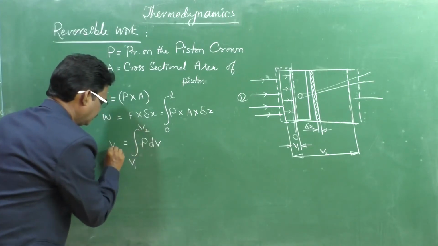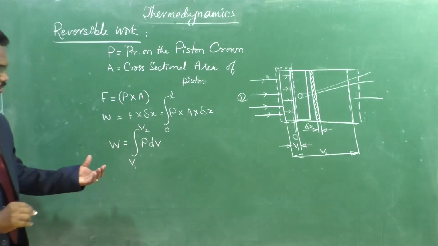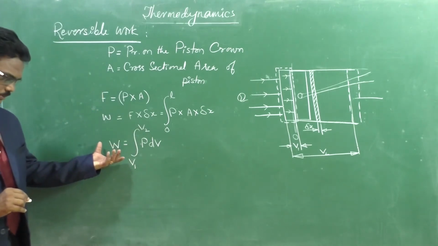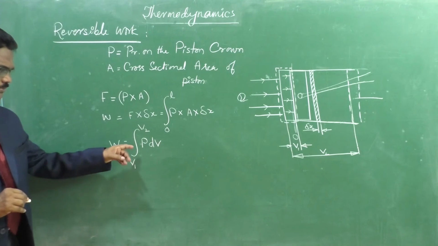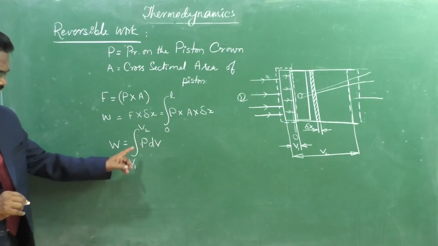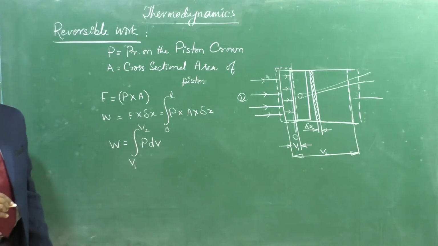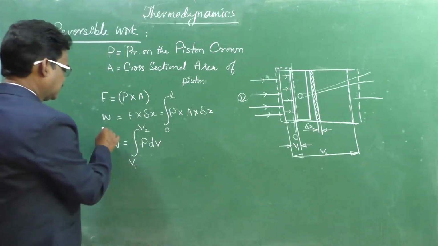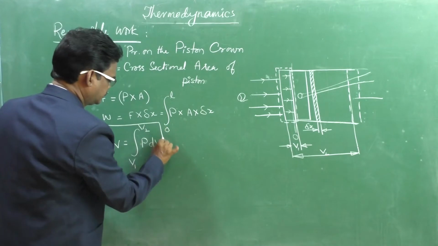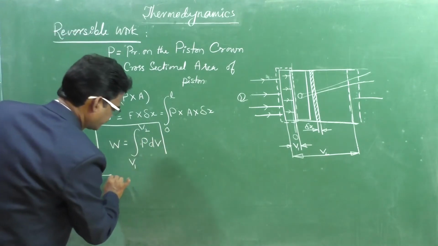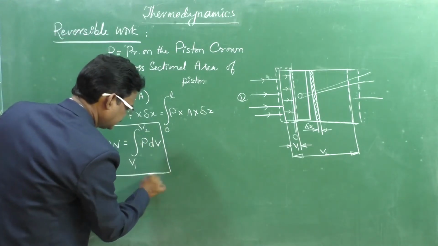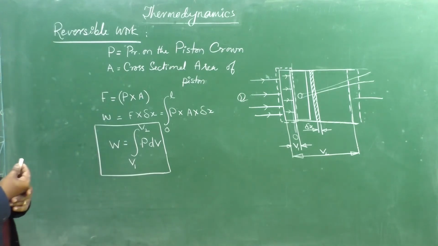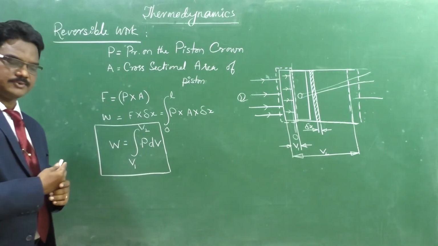The reversible work W is equal to the integral of P dV within the limits of V1 and V2, initial volume to final volume. Every student should remember this equation. Wherever reversible work is done, we need to use this formula.